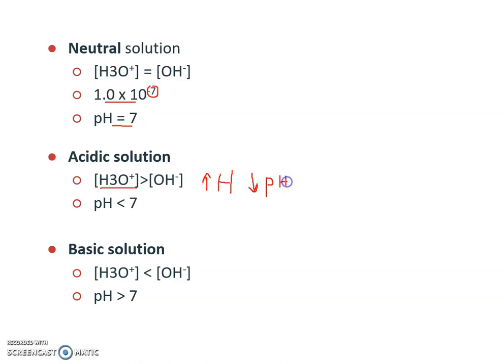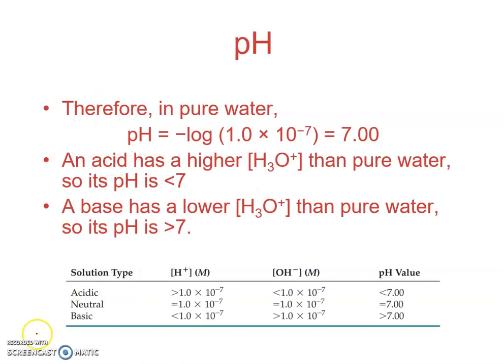Okay? And the opposite holds true for base. So basic solutions have less hydrogen ions, but higher pH. So the take-home message here is acids have a pH lower than 7, bases have a pH higher than 7.